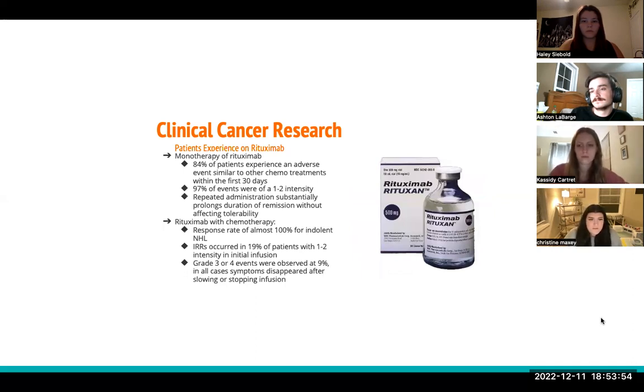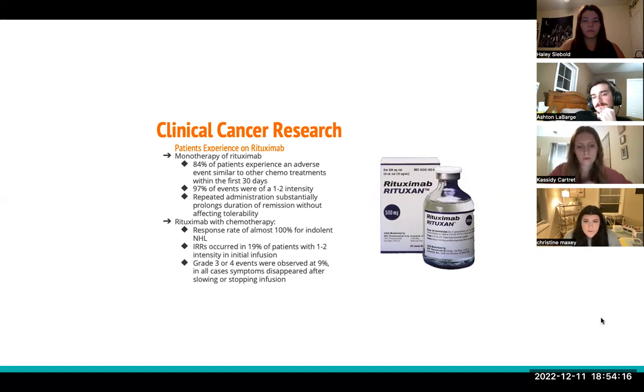With rituximab by itself as monotherapy, 84% of patients experience an adverse event similar to other chemo treatments within the first 30 days. 97% of events were of a 1 to 2 intensity, but repeated administration of rituximab can substantially prolong duration of remission without affecting tolerability.